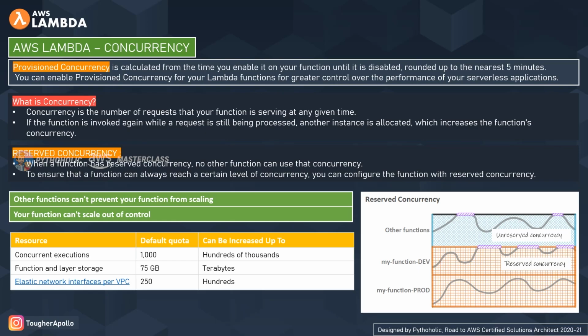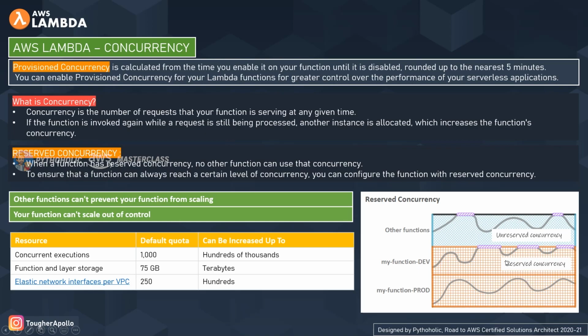If you see this image here, imagine the whole space to be the total concurrency, out of which the orange pattern that you see is the reserved concurrency. And the purple line that you see here is the throttling duration.